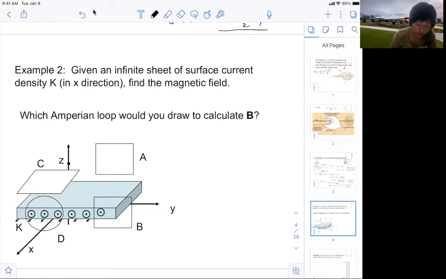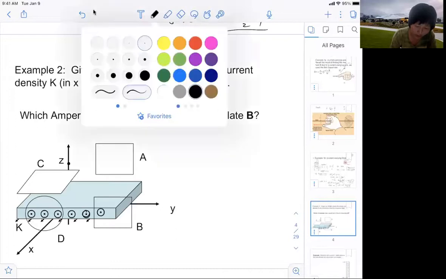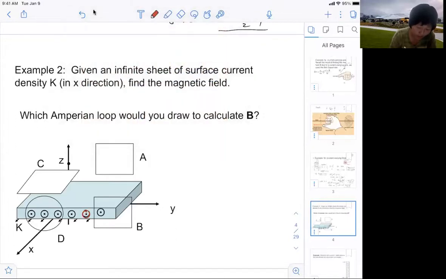So I'll quickly review what we did. We argued previously, let's take one of these surface currents, for example, this one. We take one of them, and if you draw a circle like that, and you take another one and draw its contribution, it looks like this.